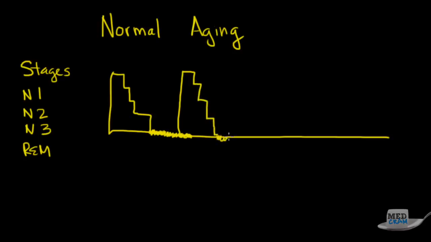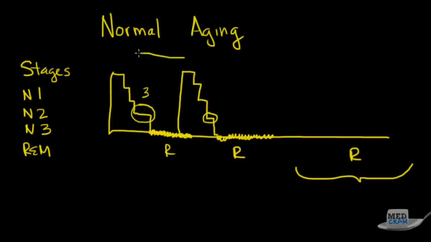Now, as this occurs throughout the night, this REM sleep gets longer and longer until actually most of the REM sleep is towards the end of the night. These deep stages of sleep, so stage 3, are usually longer towards the beginning of sleep.